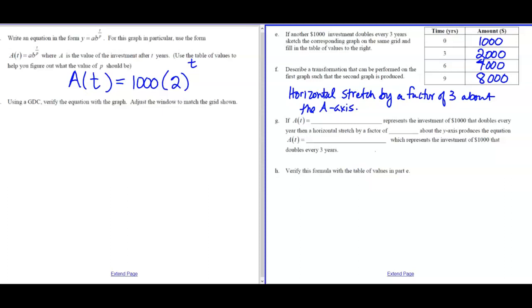Okay, so here we're just copying out. Take a look. It says if something represents the investment of 1,000 doubling every year, so remember that's 1,000 times 2 to the t. Okay, and then we do a horizontal stretch by a factor of 3. Then we remember we replace t with t over 3, or 1/3 t.